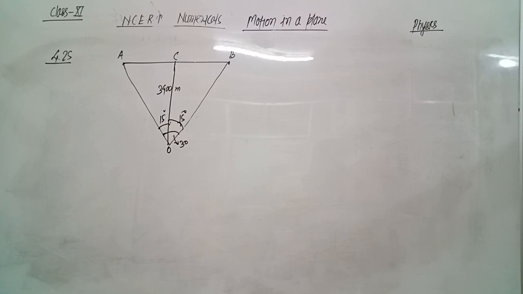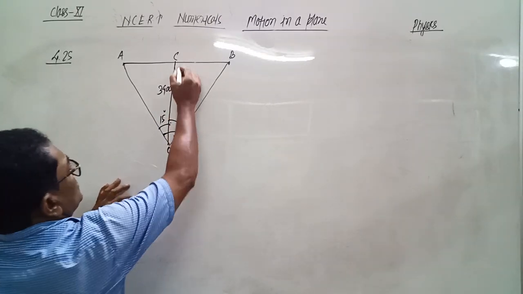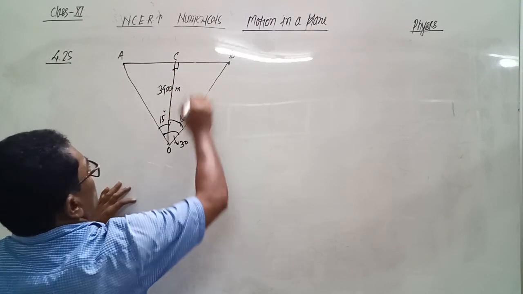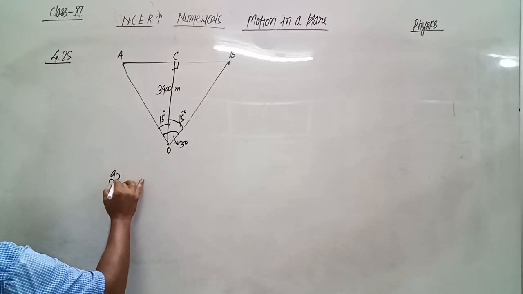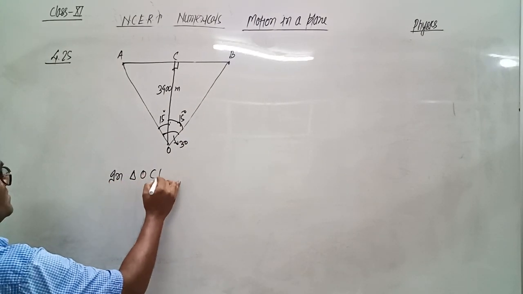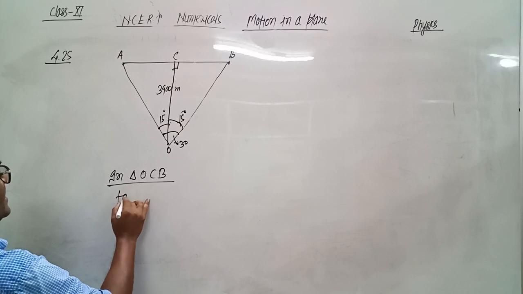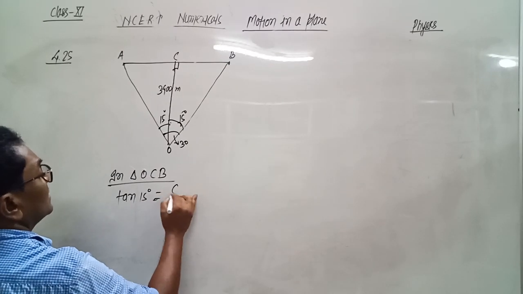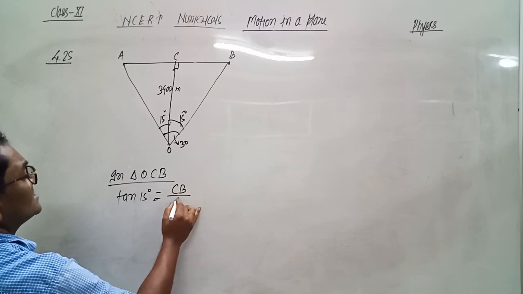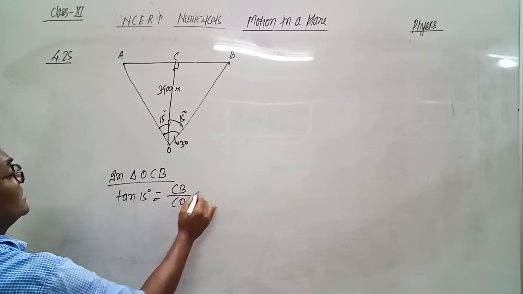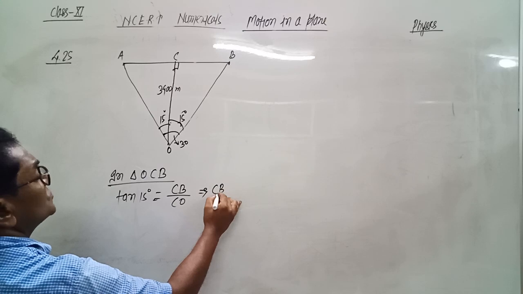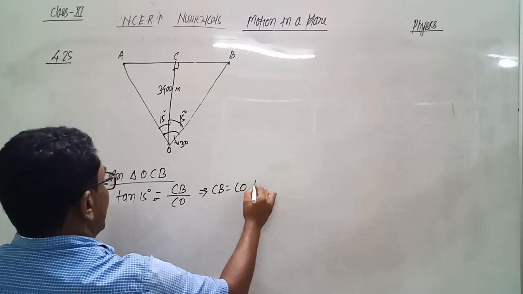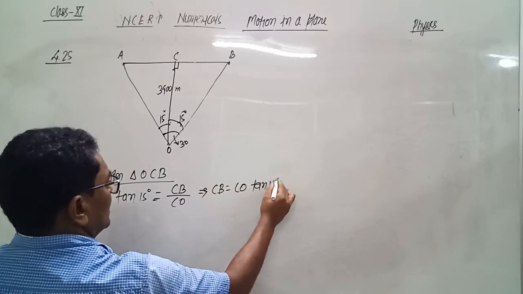We calculate the value of tan 15 degrees using triangle OCB. In triangle OCB, tan 15 degrees equals perpendicular CB upon base CO.